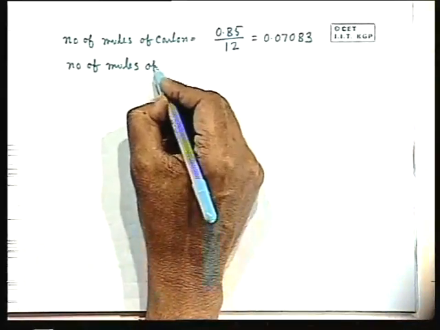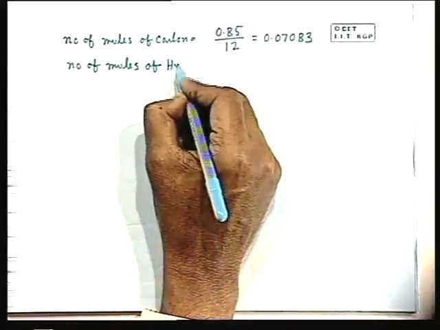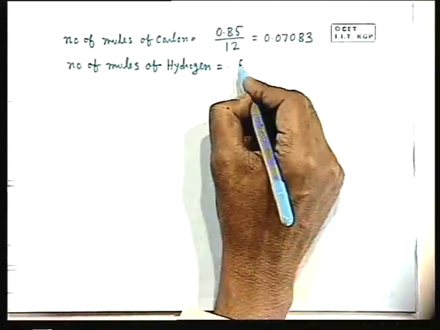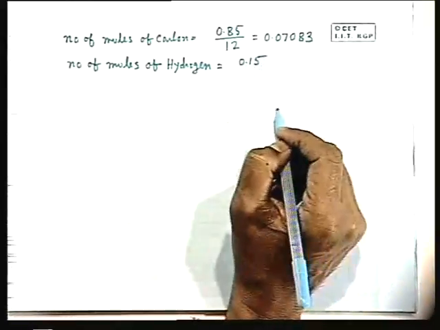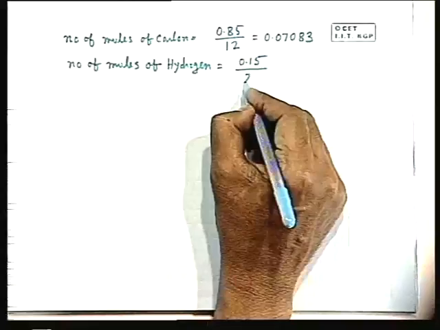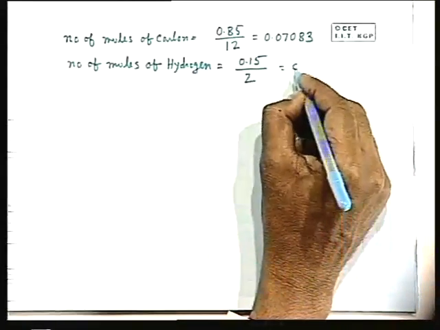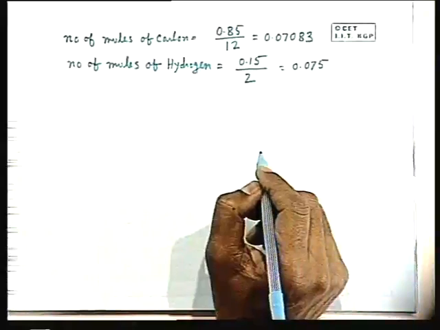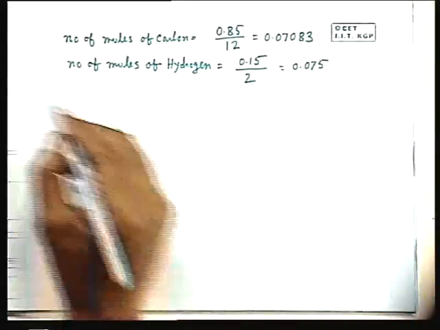Moles of hydrogen, I could have written by symbol also. So, 0.15 kg, 15% by mass, that means per 1 kg of fuel it will be 0.15 kg, and hydrogen molecular weight is 2. So, this will be 0.075. So, this is the number of moles of hydrogen. Well, so we can start with this.